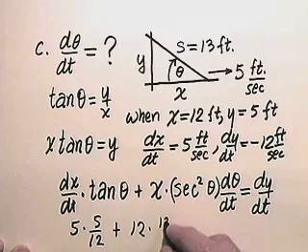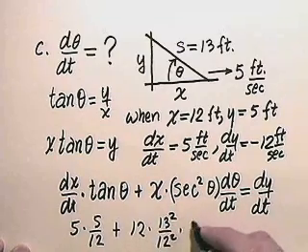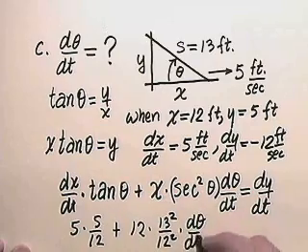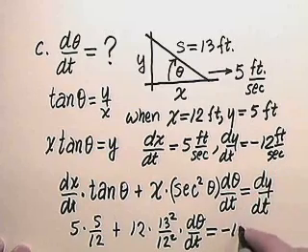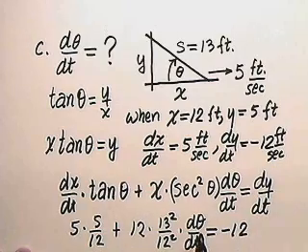So we want the secant squared, 13 squared over 12 squared, times d theta/dt equals, and now dy/dt, what's that? The -12. You see, everything in our equation is now just numbers except for the d theta/dt, and so we can easily solve that one for d theta/dt.